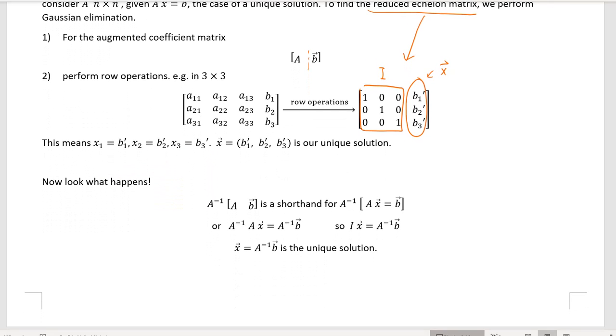Okay, now look what happened. We can think of this sequence of elementary row operations as having the effect of multiplying A inverse on the left.